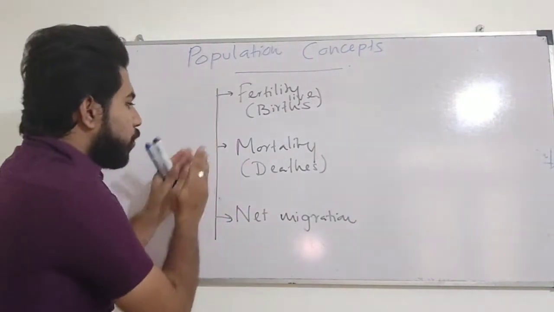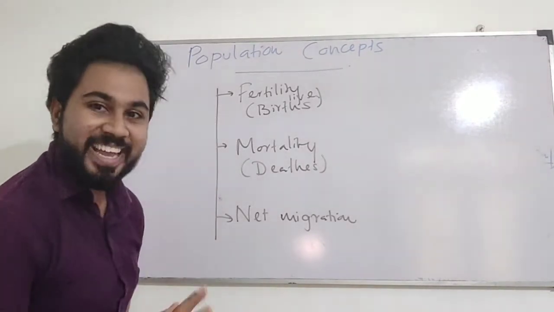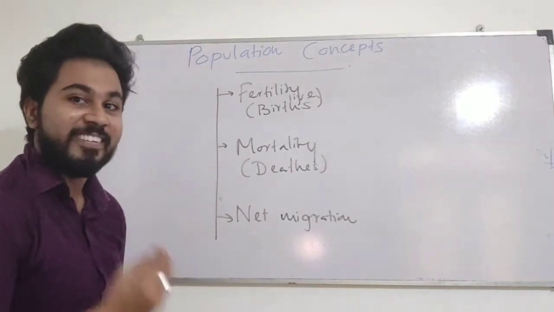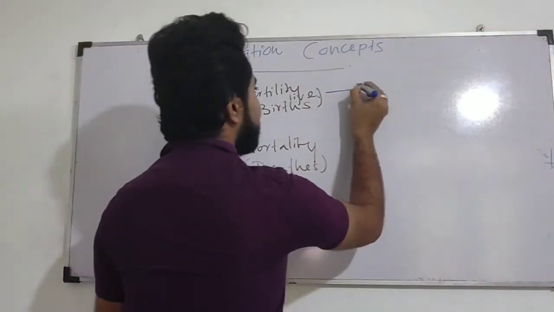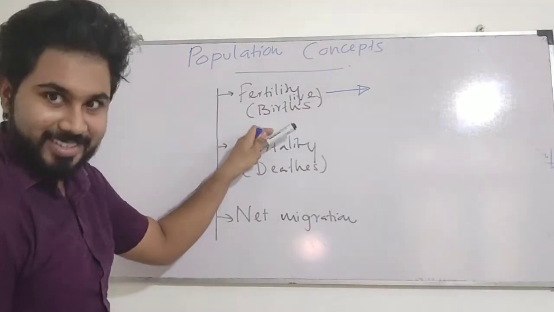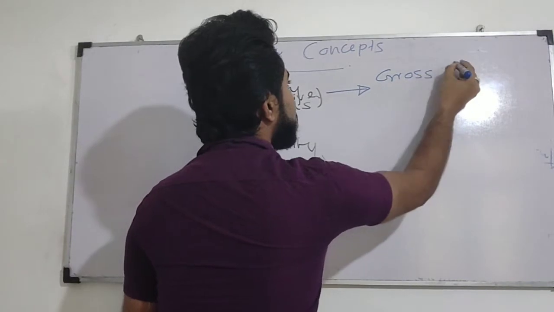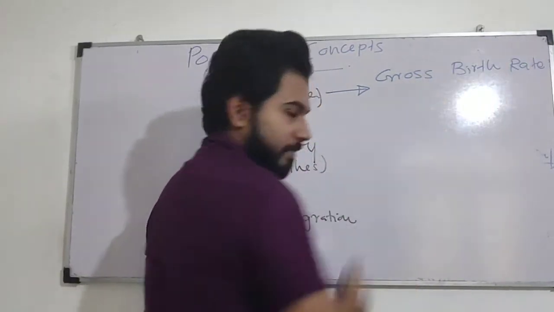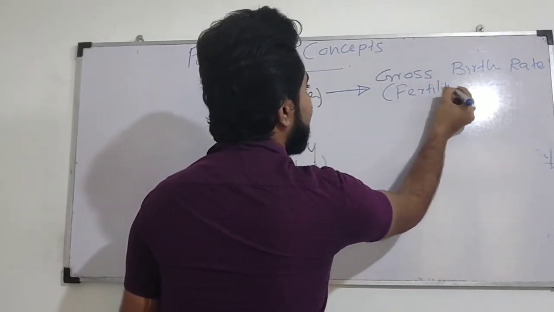Now, with regard to these 3 main factors, we are going to discuss 5 main population related concepts, or population related rates. Number 1 is fertility. With regard to fertility, or live births, we will discuss the gross birth rate, which we also call the fertility rate.